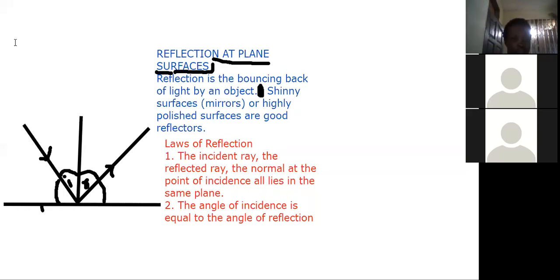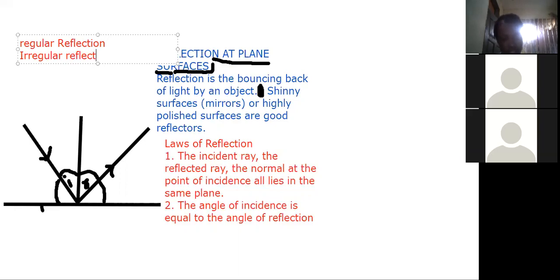So the first one we call the regular reflection, and this one we have the irregular, in other words, diffuse reflection.